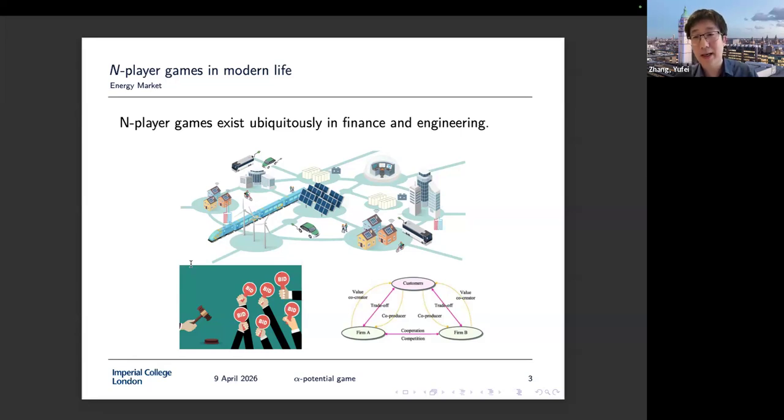Each firm controls the production speed of its own production line, but the overall price of this product will depend on all firms' production, so basically the total amount produced. Each firm needs to decide how much to produce, and there is a competition between them.